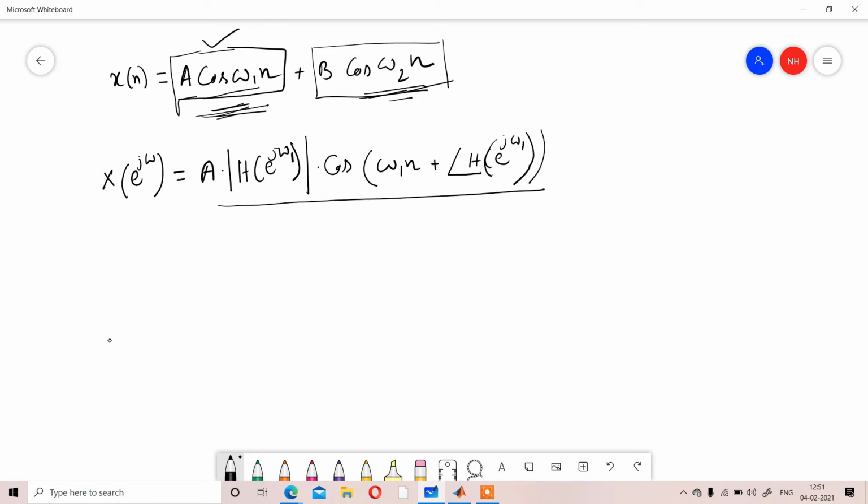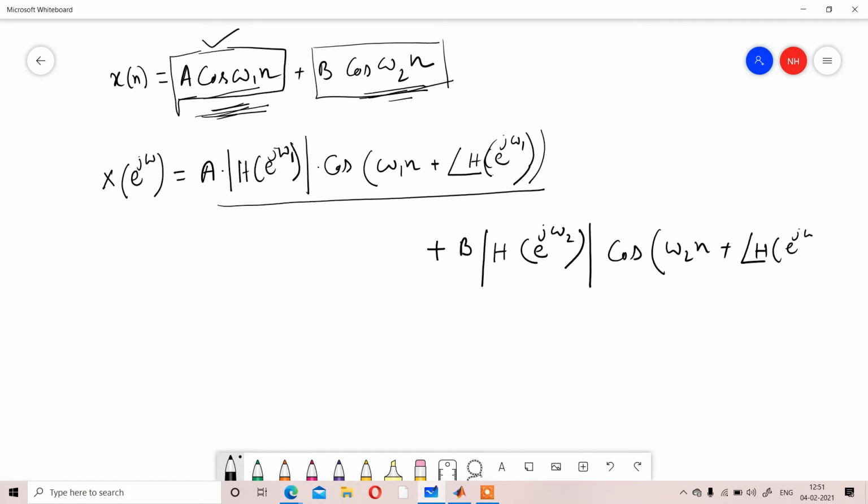Similarly, b cos omega 2 n can be defined as b mod h e to the power j omega 2 cos omega 2 n plus the phase h e to the power j omega 2.